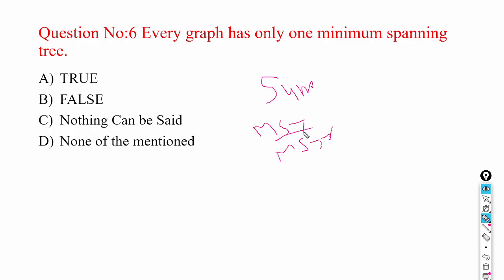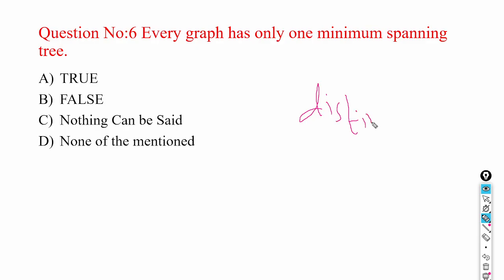MST is nothing but minimum spanning tree. If edge weights repeat, multiple MSTs are possible. If the edge weights are distinct, there is only one unique minimum spanning tree.